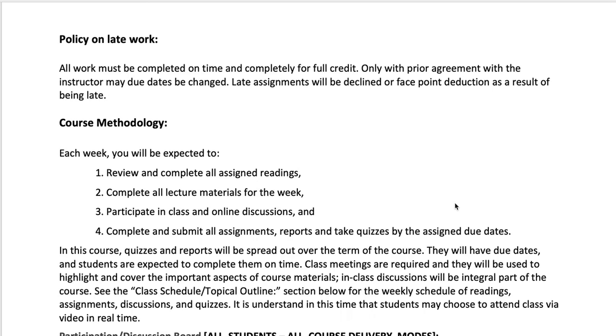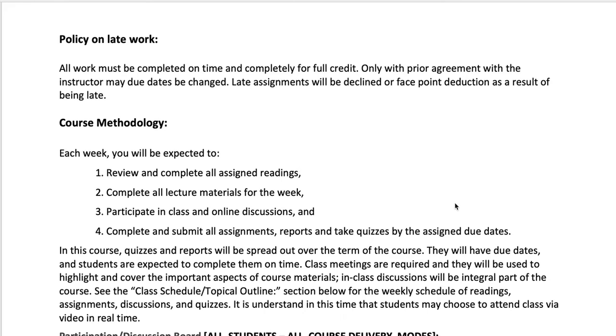So each week, I'll be posting an announcement about the week to remind you of what the expectations are. They're also laid out here week by week in the syllabus. So each week you're going to be asked to do some additional reading in the text. There are lecture notes that you can refer to that will reinforce some of these concepts.